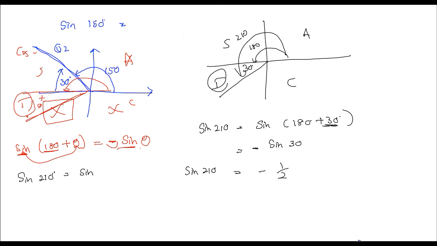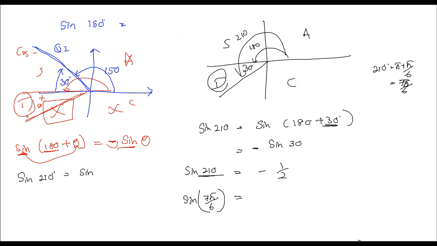Most often they don't give you 210 like that, they will give it to you in radians, so 210 is equal to pi plus pi over 6, which is 7 pi over 6. So they will ask you what is the value of sine 7 pi over 6. One way to do that is you can just calculate yourself and get the angle.